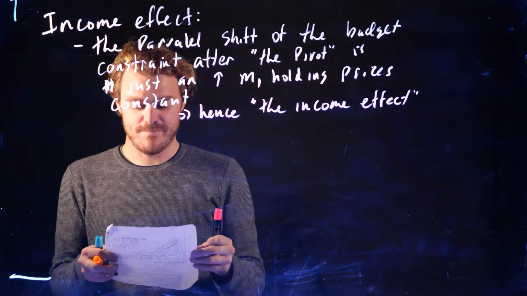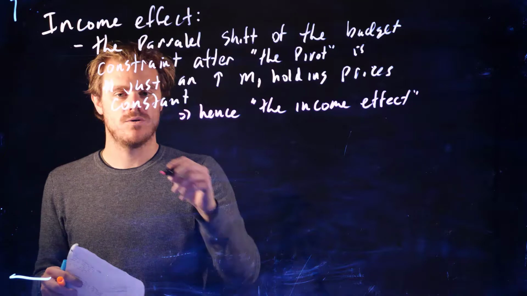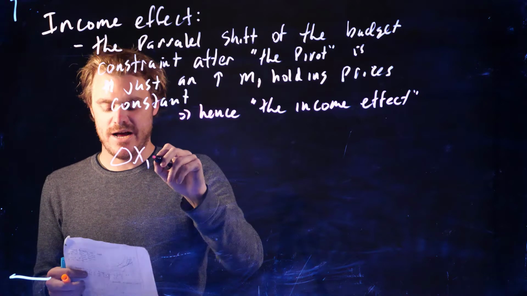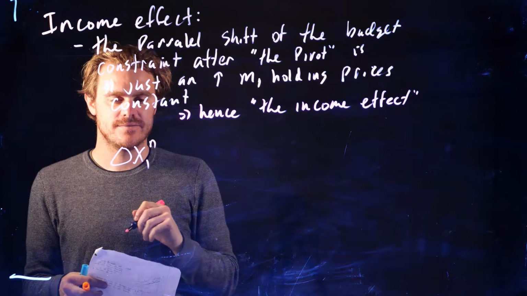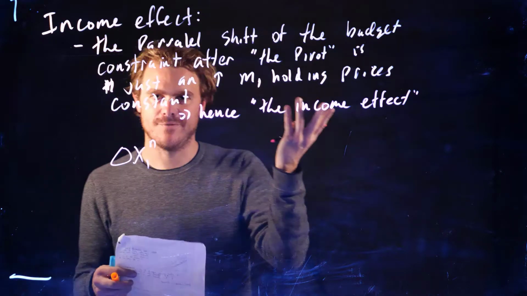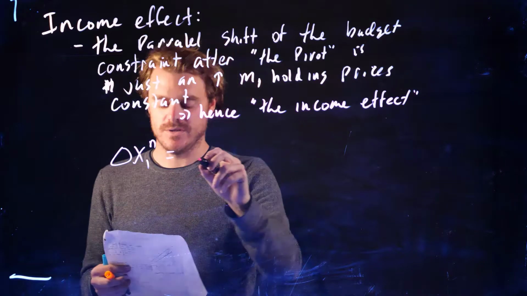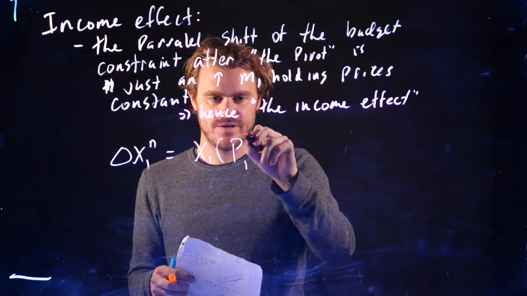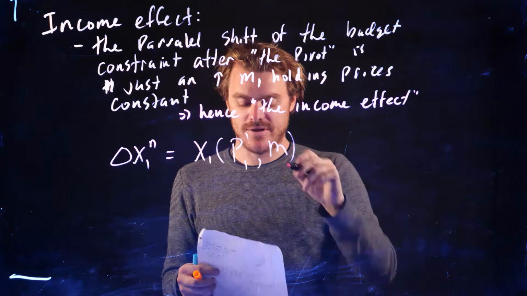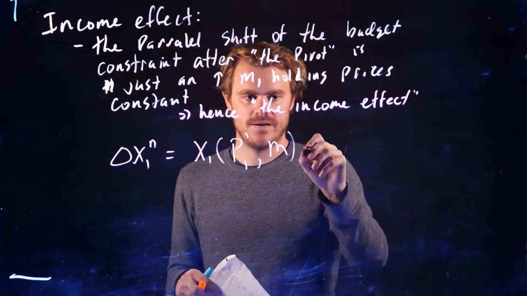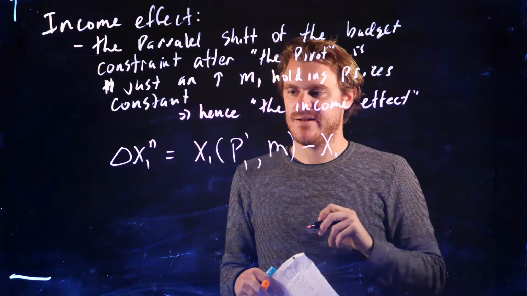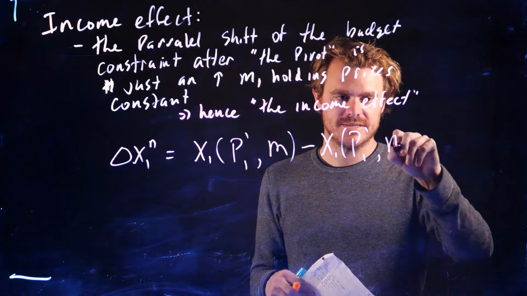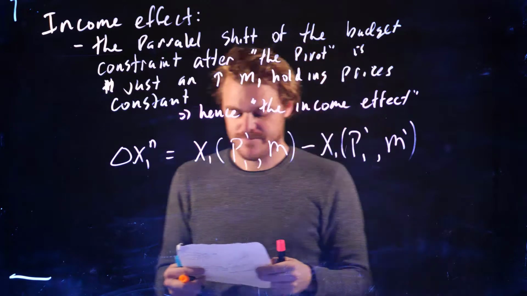And so mathematically, the change in x1, and now the notation is going to be an n for income effect, of course, equals the change in consumption when we have the new prices and the original income minus what the demand function looked like at the new prices with the compensated income.